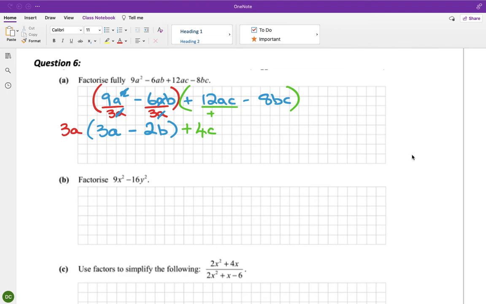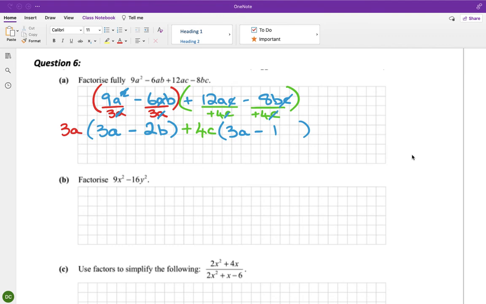So I'm going to divide by the plus 4c. So 12 divided by 4 is 3. The c cancels the c, and I'm left with a. There you go. The second one, I have a minus and a plus, so that's minus. 8 divided by 4 is 2. The c's are going to cancel out, leaving me with b. Oh, sorry.